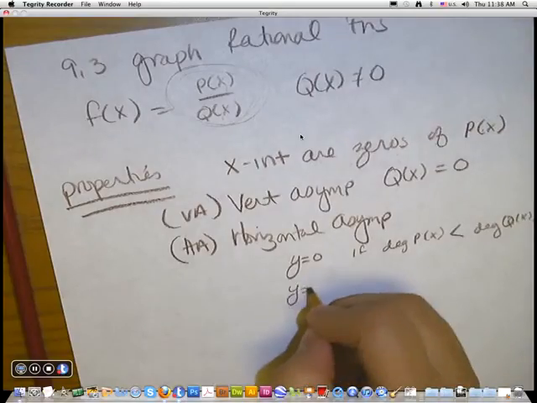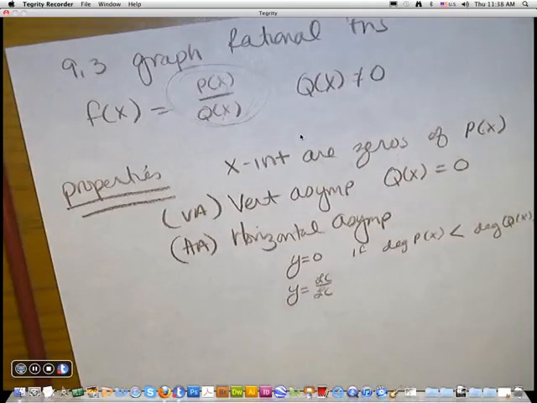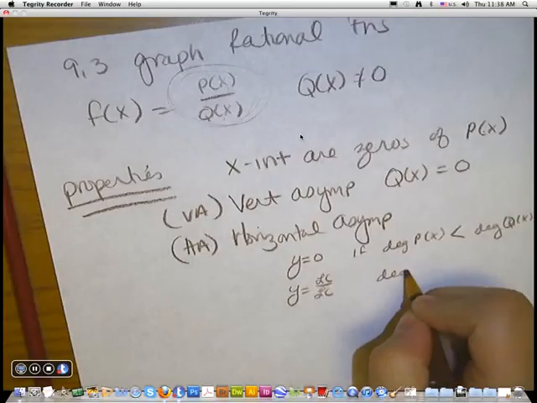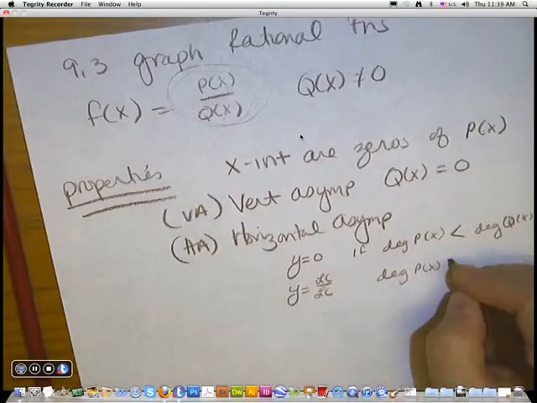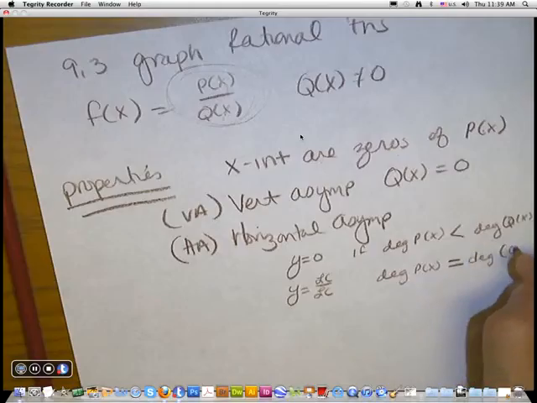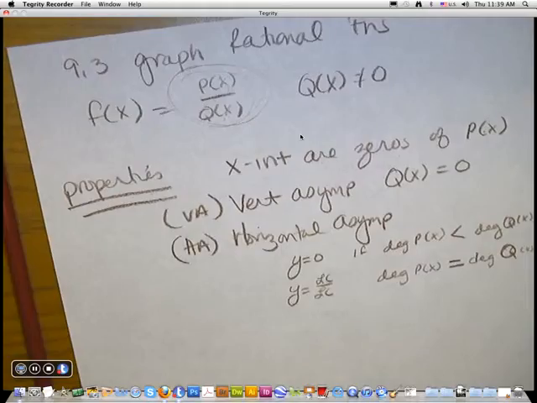It can be the leading coefficients over the leading coefficients, and that's what it was yesterday, because the degree of the numerator was the same as the degree of the denominator, meaning they're both linear, so the highest power was 1.